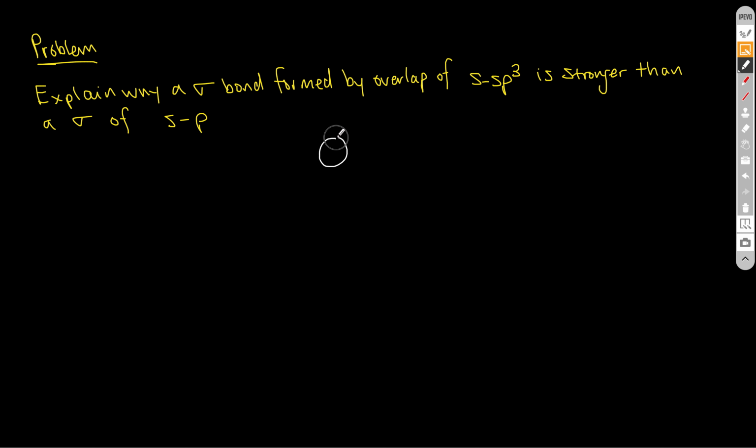So if we have s overlapping with an sp3, if it's forming with this, you're going to have 25% s character and 100% s character over here.